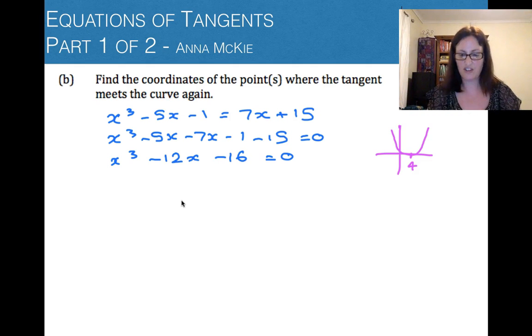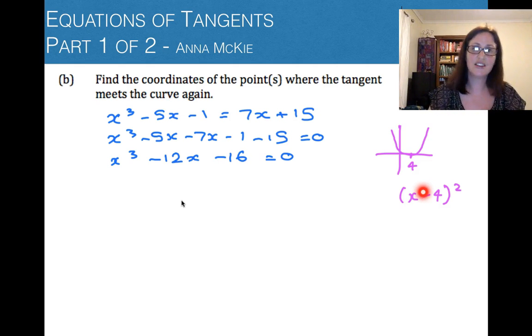Well, the factor is a repeated root. So you would have learned that whenever the curve is touching the x-axis, that gives us a repeated root. So the same thing when the tangent is touching the curve, the point where it touches, x equals -2, will be a repeated factor. So we actually already know this. It was x is -2, so as a factor it's +2.